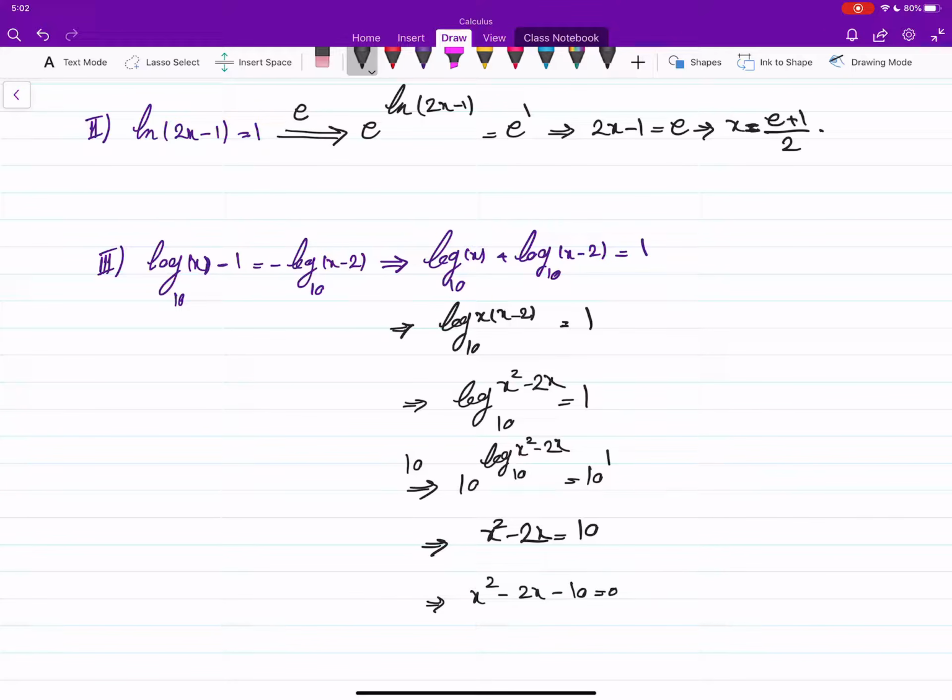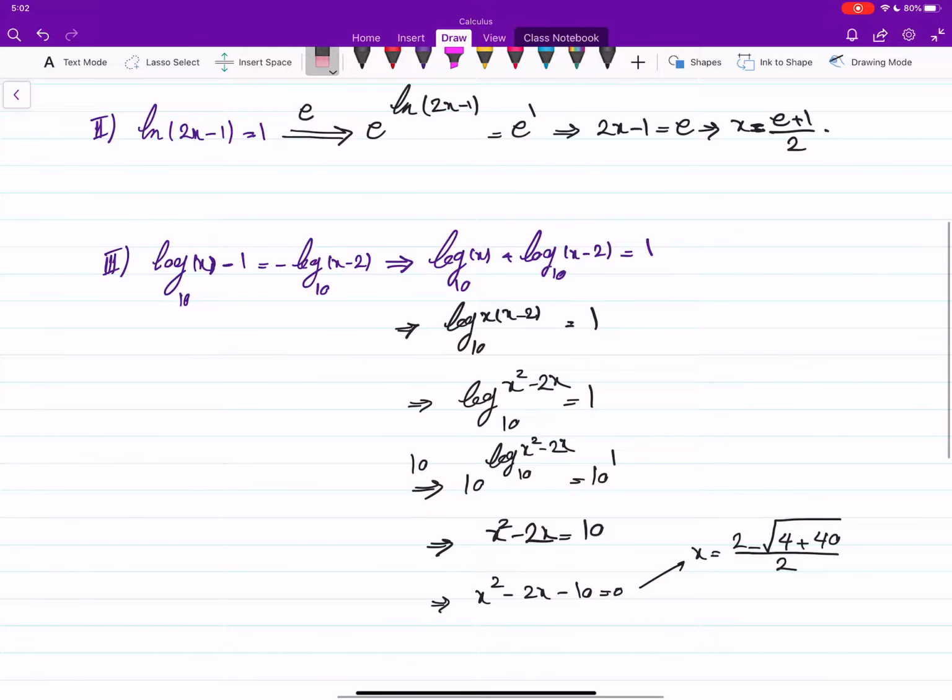So this will have two solutions. x equals 2 plus or minus the square root of 4 plus 40 over 2a. Well, let me separate these things. There will be a plus version, there will be a minus version. So this is the plus version, there is a minus version also here. So let me just write root 44 divided by 2.